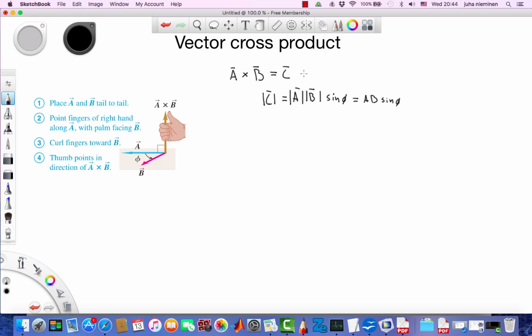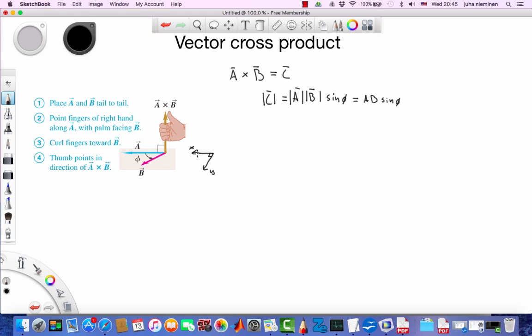What about the direction? The direction of vector C is always such that it's perpendicular to both A and B. So in this example on the left, let's say we are on the xy plane, like this. X could be in this direction and y somewhere like here.